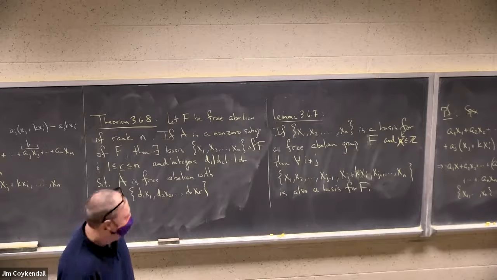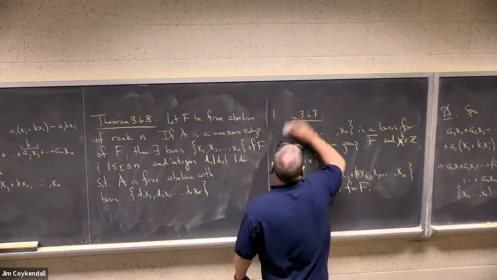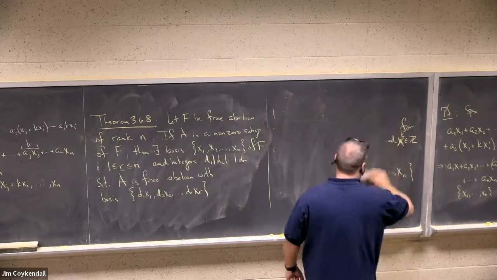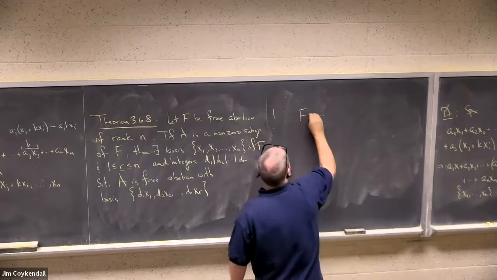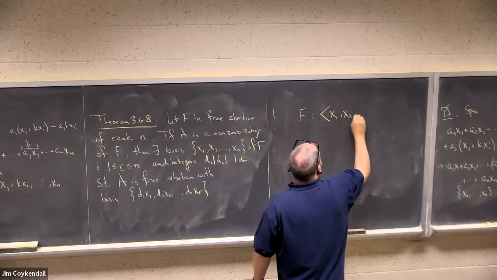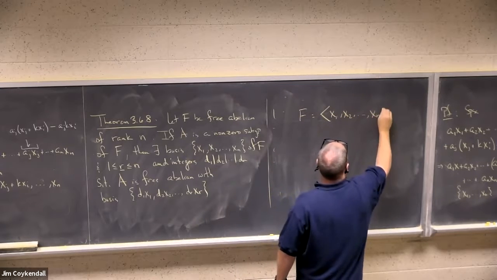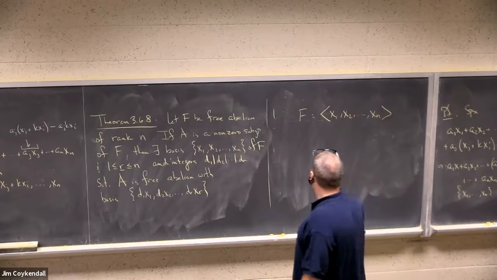Now, let me remark. What this says is, we kind of draw a picture. You have F, and it's generated by x1, x2, x3. This is a free abelian group of finite rank.